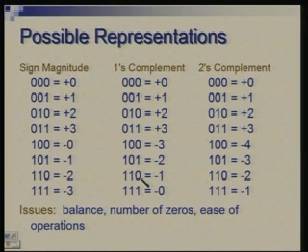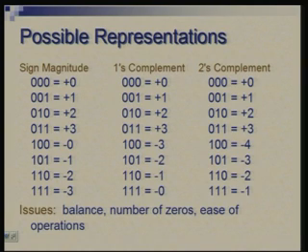1's complement is a notation which says that if the number is positive, you represent it as if you were handling a positive number ordinarily without any change, but if it is negative, then you flip all the bits, okay, turn zeros to ones and ones to zeros.